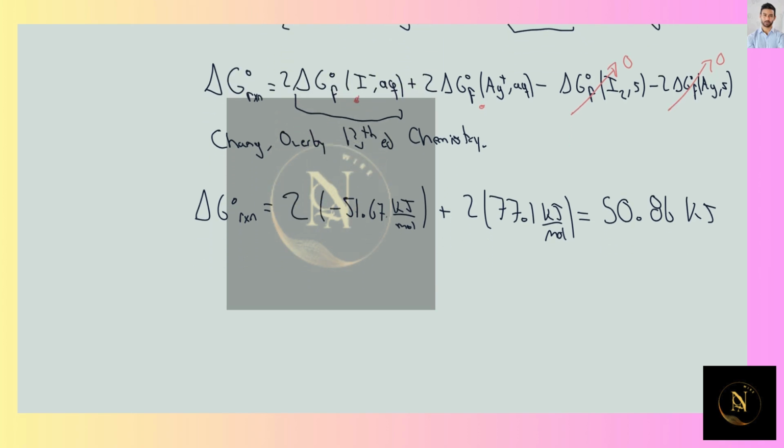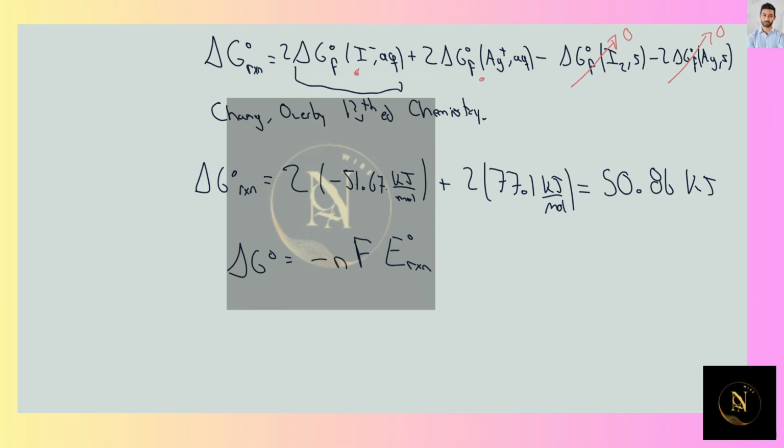Alternatively, you can calculate the delta G for this reaction using the standard redox potentials. In this case, it will be minus n times Faraday's constant times the standard potential for the cell, or the standard potential for this reaction.